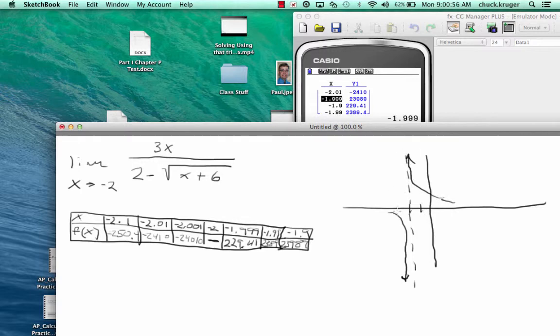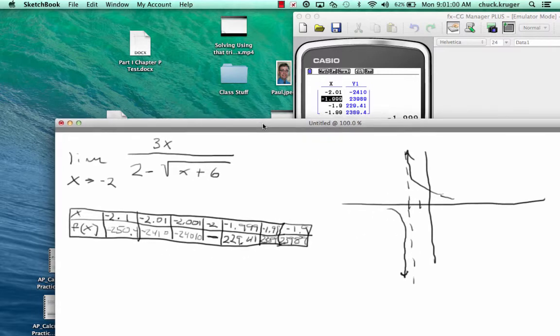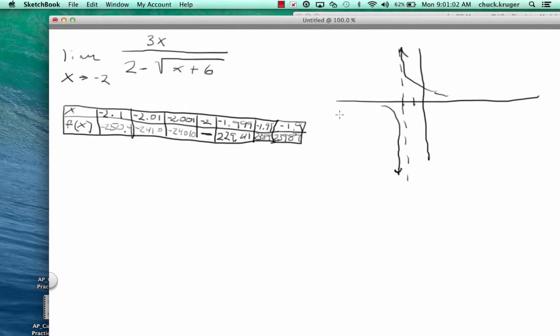Okay, so we're headed in two different directions. You can see by the graph and by the table that it is not headed to a specific value. They're headed in opposite directions.